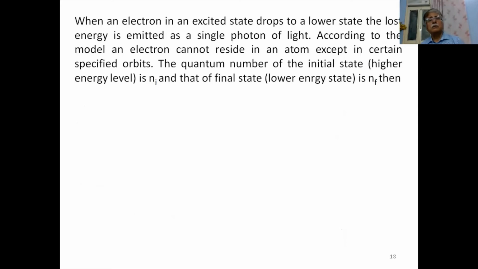When an electron in an excited state drops to a lower state, the lost energy is emitted as a single photon of light, as we know. According to the model, an electron cannot reside in an atom except in certain specified orbits. The quantum number of the initial state, the higher energy level, is ni, and that of the final state, the lower energy level, let us consider as nf.